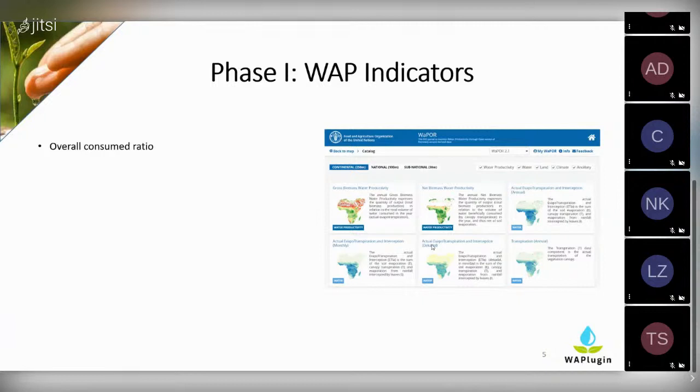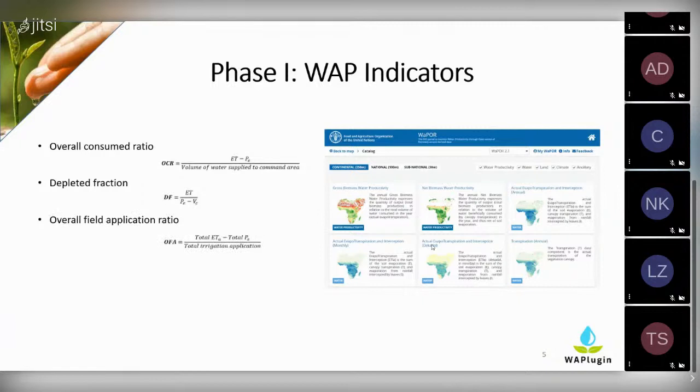So this will be applied by the plugin to calculate the indicators. Some of the indicators that we are going to calculate are the overall consumed ratio, the depleted fraction, the overall field application ratio, and the crop water productivity, to see how the water management is in the irrigation scheme.